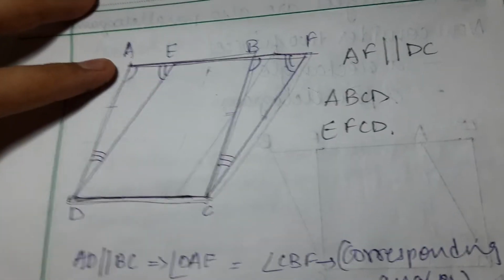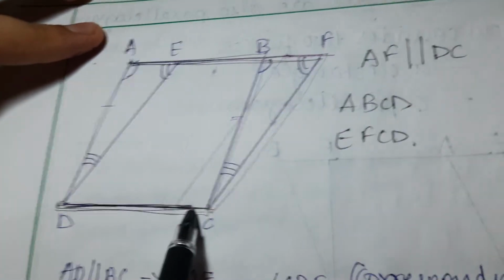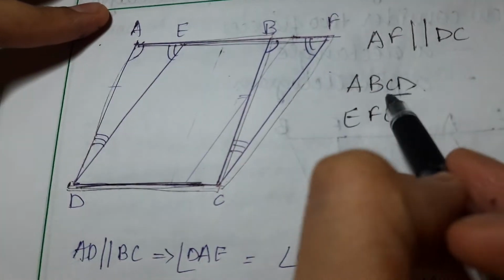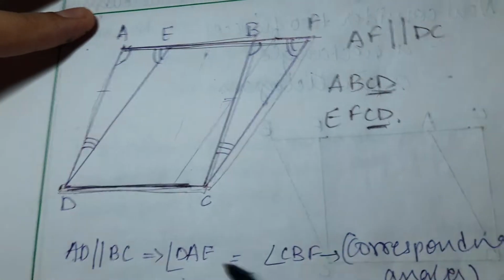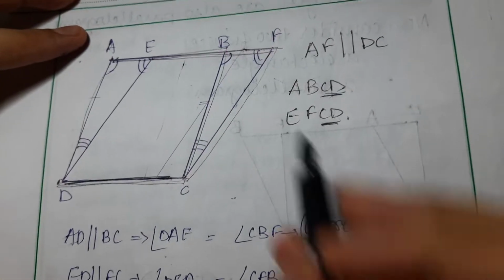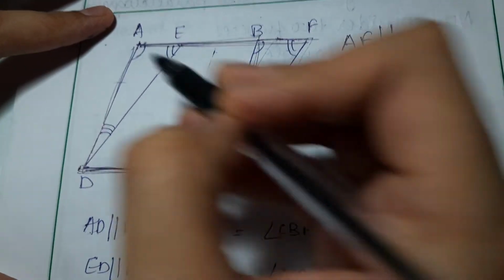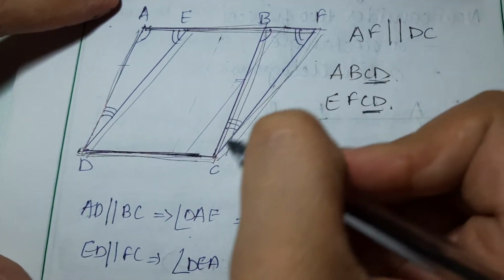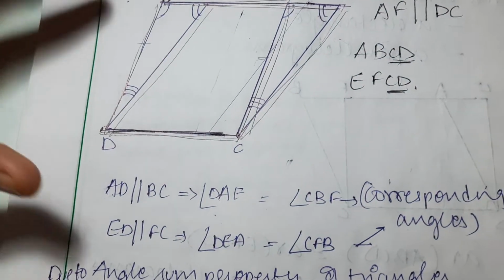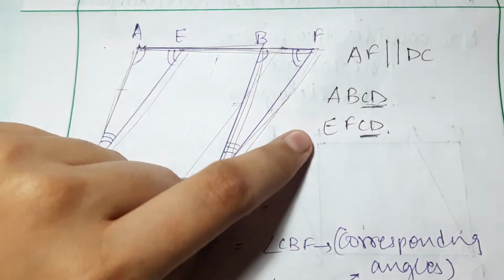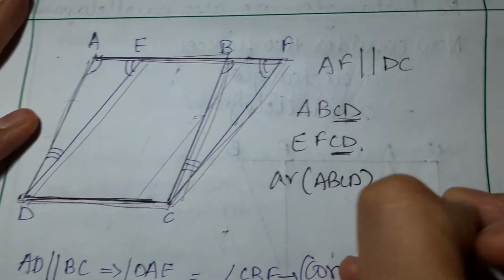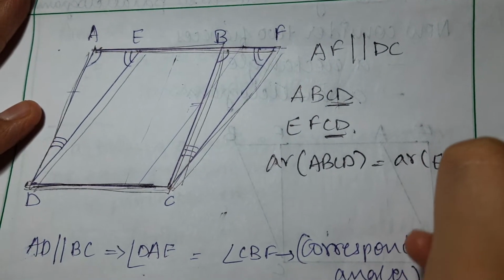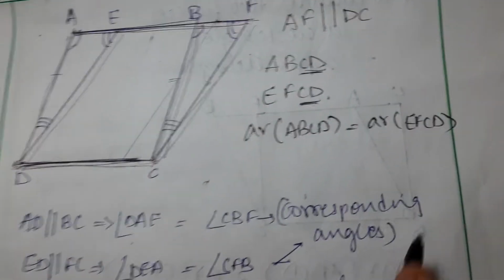Now these two lie between the same parallels AF and DC, and they have the same base CD. And because I am already telling you they are parallelograms, AD is parallel to BC and ED is parallel to FC. Now what do I have to prove? I have to prove area of ABCD equal to area of EFCD. Now how do I prove this?